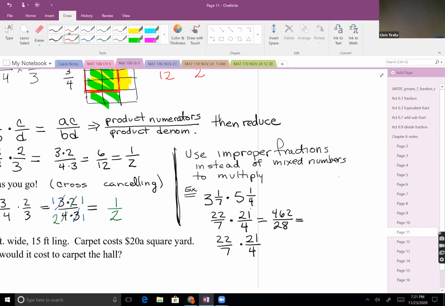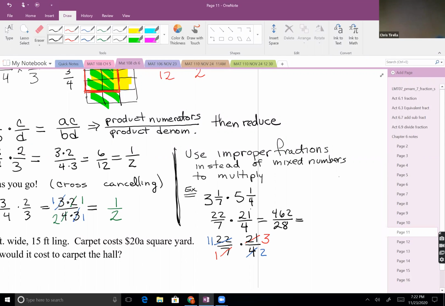Can everybody recognize that 7 divides into 21 evenly? So 7 into 7 is once. 7 into 21 is 3. And then along the other diagonal, 4 and 22 are both even. 4 divided by 2 is 2. 22 divided by 2 is 11.